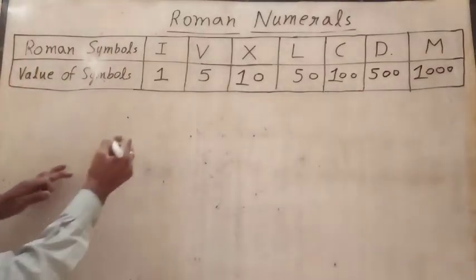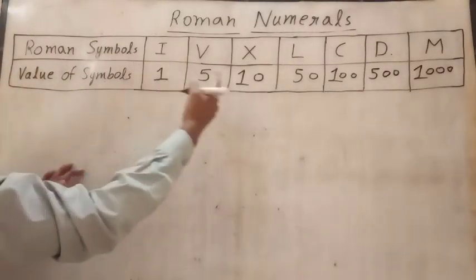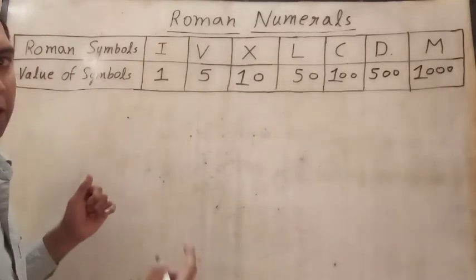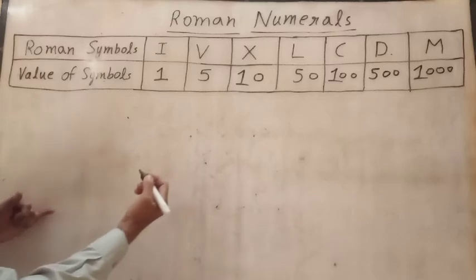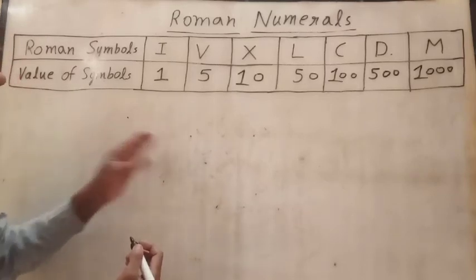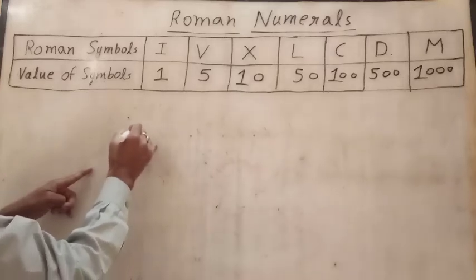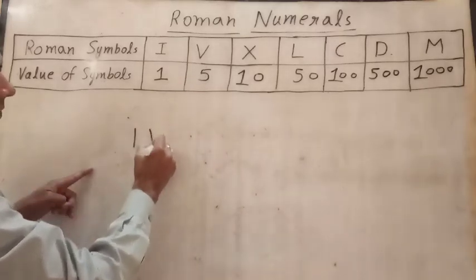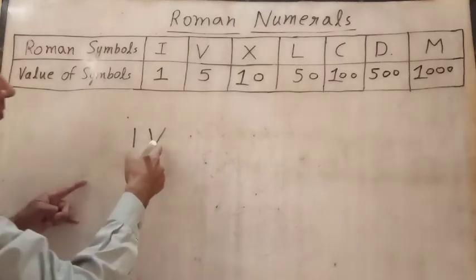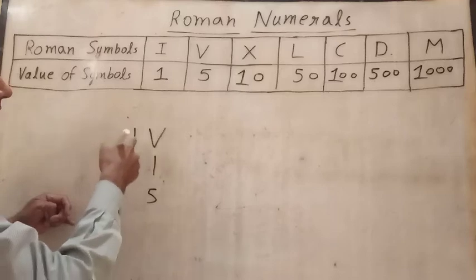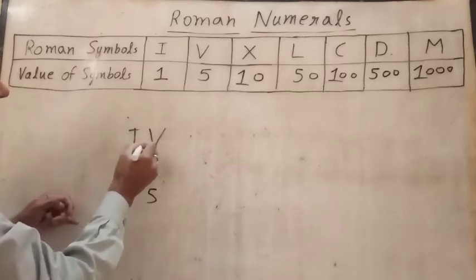When we write the smaller numeral to the left side of the greater numeral, then we subtract the smaller numeral from the greater numeral. See here, I V. What is the value of V? 5. What is the value of I? 1.